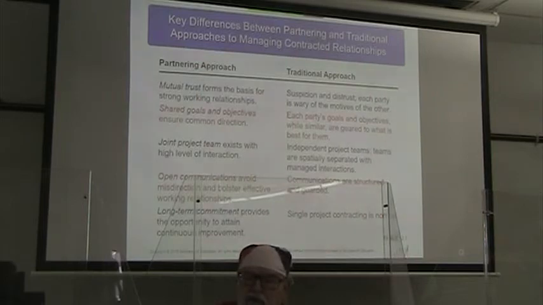So the traditional approach says we have independent project teams. Teams are spatially separated with managed interactions. Now with the partnering approach, we say we want a joint project team and they have a high level of interaction with each other.